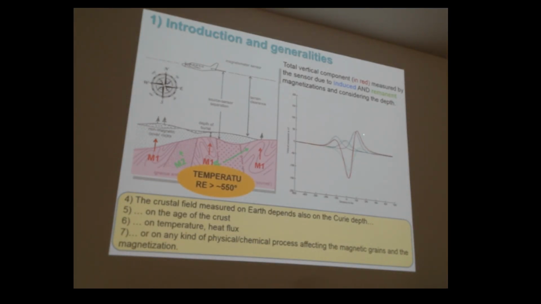But I tell you that you get this. This is the only thing you get. And then you try to understand what's going on. You can also have geothermal anomalies, fluids, chemical alteration. I told you that you have plenty of parameters. And what you are measuring is the magnetic field outside the sources, but you want the parameters inside the source. It's not complex, no?